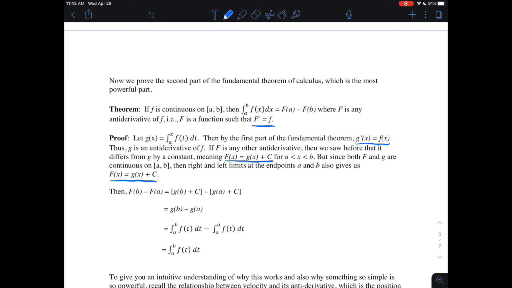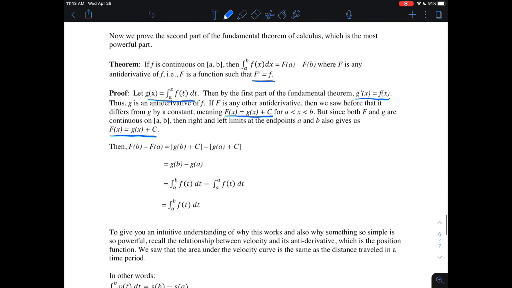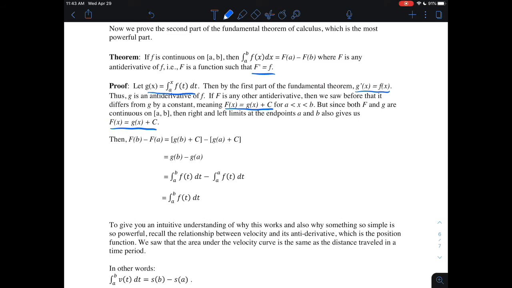Then by definition of how we said that g of x was defined, g of b just becomes replacing x with b in the integral, minus g of a, which means replacing x with a in the integral. This second integral is just equal to 0, so that leaves us with our result, which is exactly what we wanted to show. What we have here is the integral of the function lowercase f with the limits of integration a to b. It just becomes the difference of the antiderivative evaluated at those endpoints.